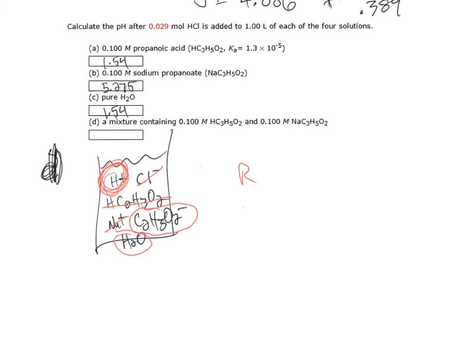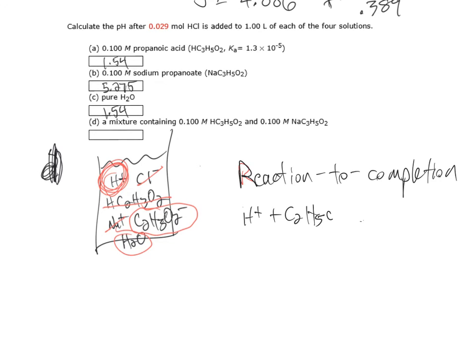Since we have a strong species, we'll write an equation for a reaction to completion. And as acids donate protons and bases accept protons, we reform some of the propanoic acid.